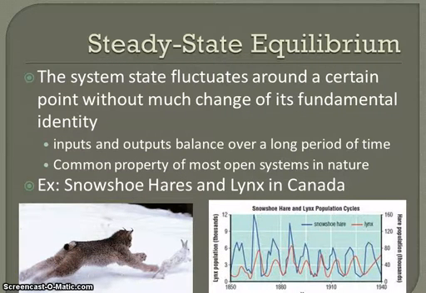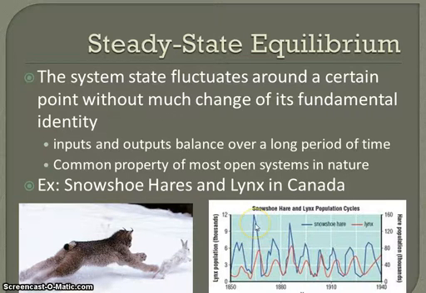Here's another example of the snowshoe hare and the lynx in Canada. If you look at the graph, the blue represents the snowshoe hare numbers and the red represents the lynx. The lynx obviously is going to be the predator, the snowshoe hare the prey. When the snowshoe hare numbers rise, like if you look right here in the graph, then you see that the lynx numbers will rise as well because they have a food source.